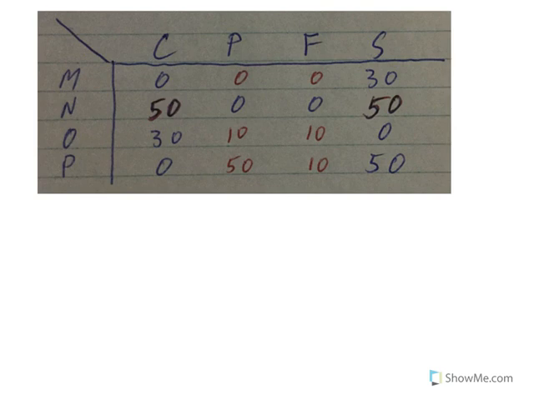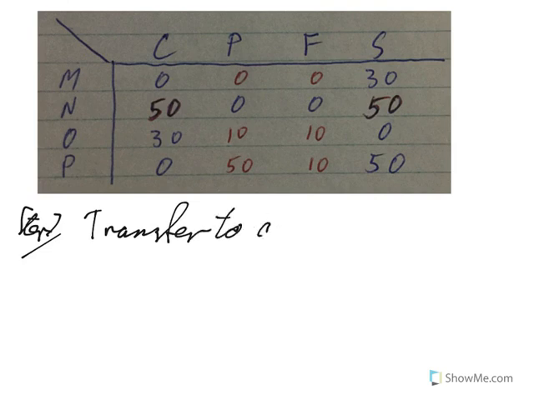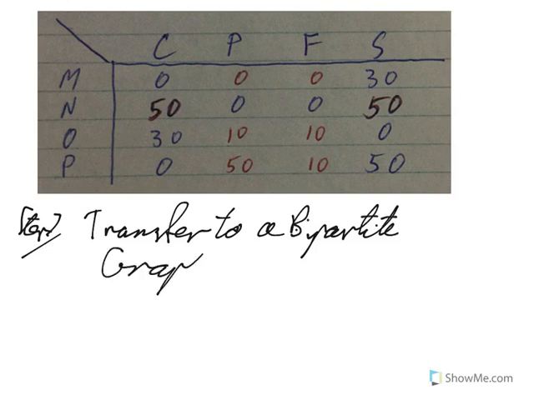So the next step, step 7, is for us to transfer the information to a bipartite graph. The zeros are the key things, because using the Hungarian algorithm, we've narrowed it down to the best options for people.